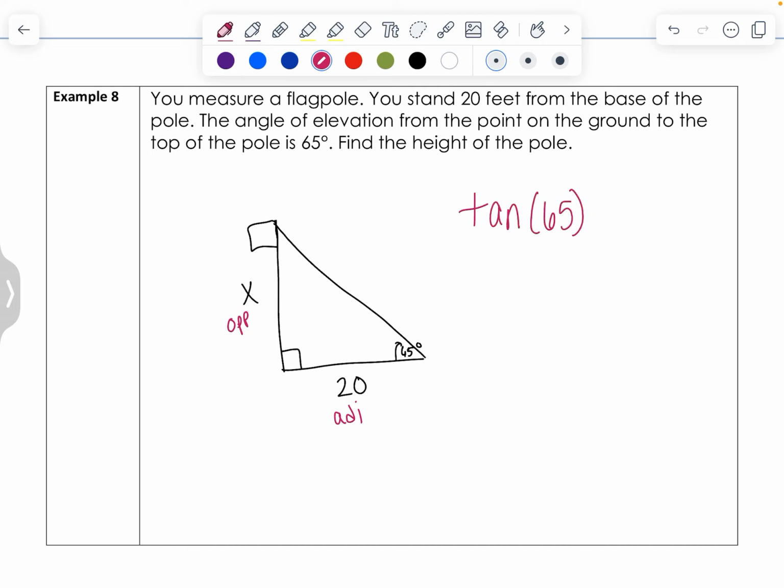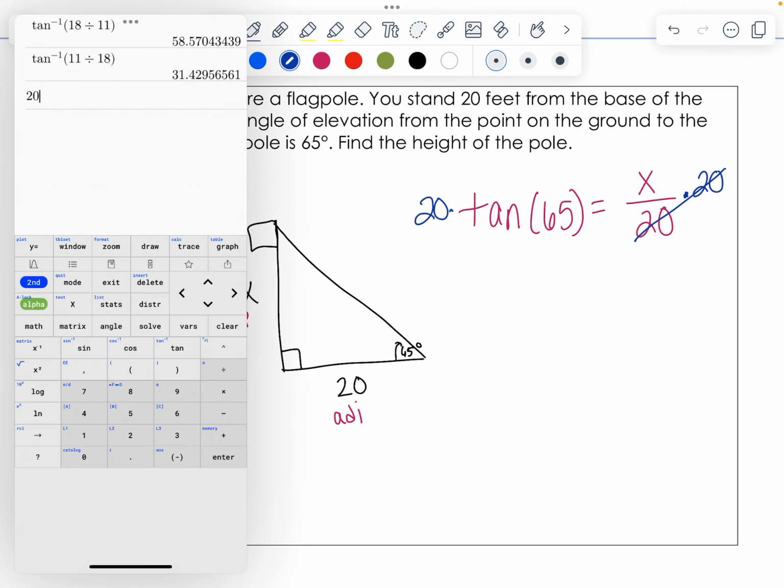Tangent of 65 will be equal to x over 20, and then solve for x by, since it's divided by 20, the inverse operation would be to multiply by 20. So 20 times the tangent of 65 is going to be 42.9 feet.